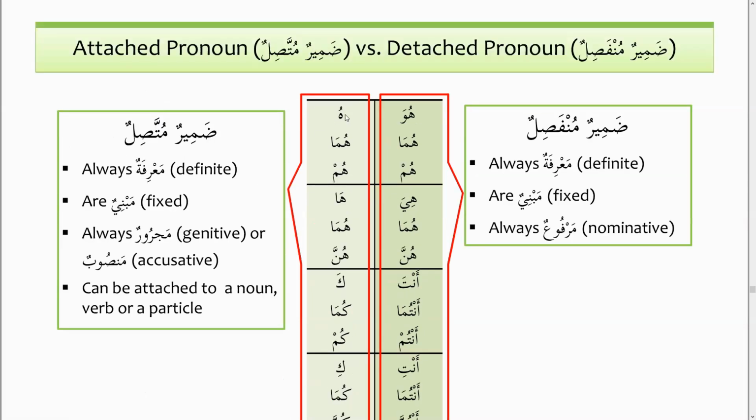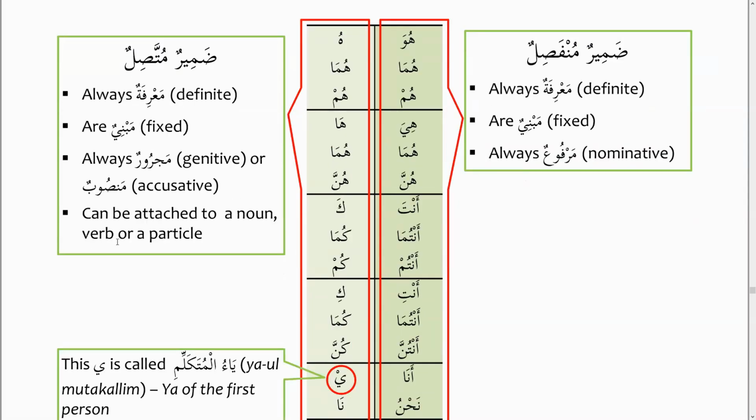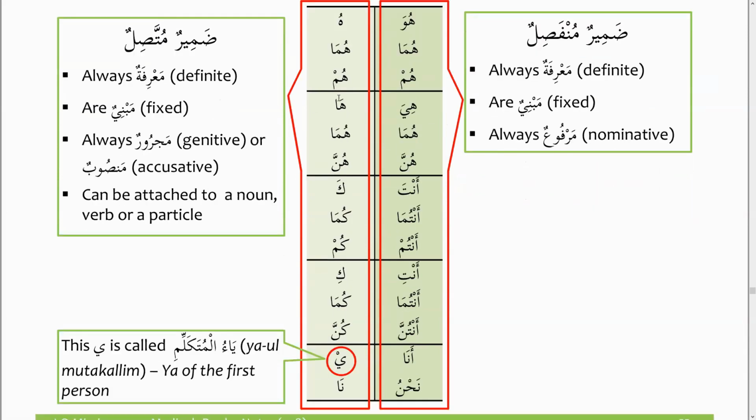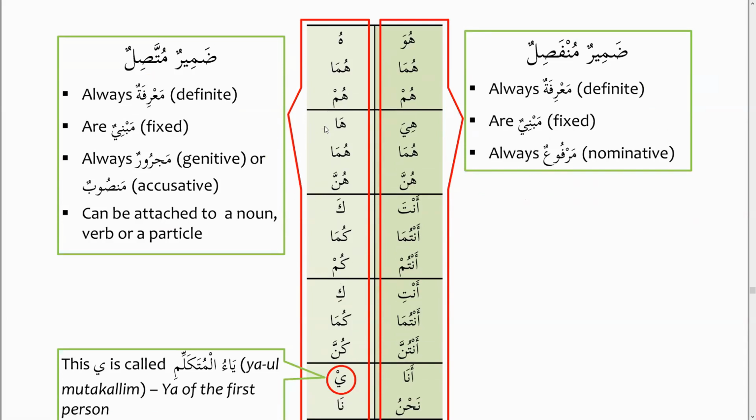They can be attached to anything, because noun, verb, particle is what the language is, right? Harf, fail, ism, fail, harf, right? So it can be attached to anything, like a noun, baituhu. It became mudaf ilayhi. Minhu, it joined to a preposition, or a verb also, qatalahu, he killed him, right? This is what the attached one is.